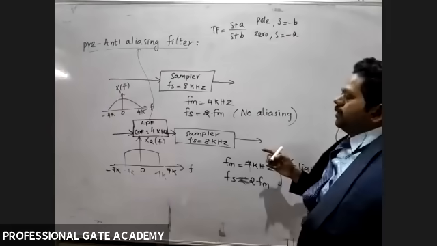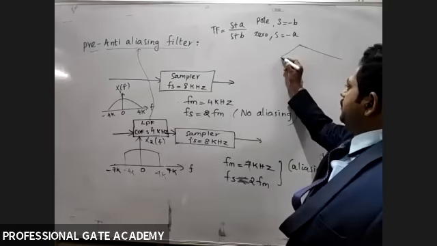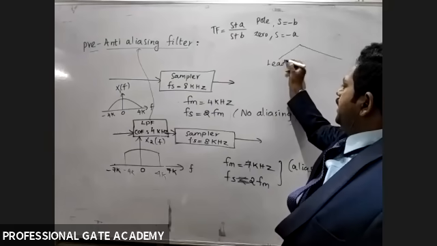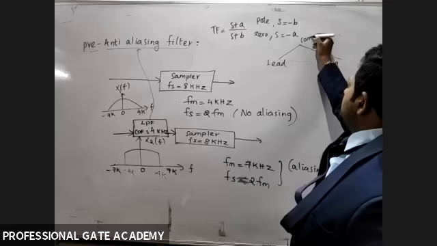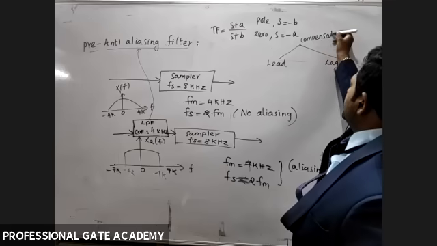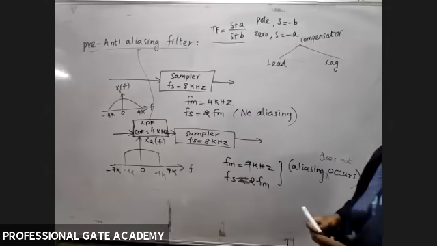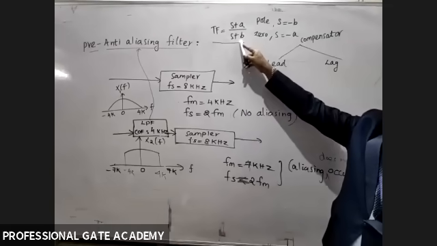So now, based on which is dominant, we have two types of compensator: lead and lag compensator. This extra transfer function is added to your system, and the transfer function of the compensator is s plus a by s plus b.